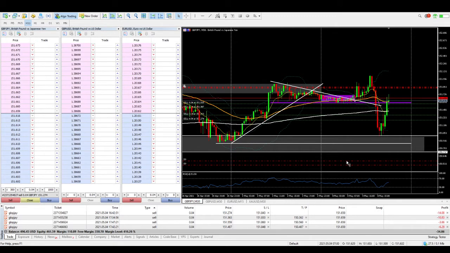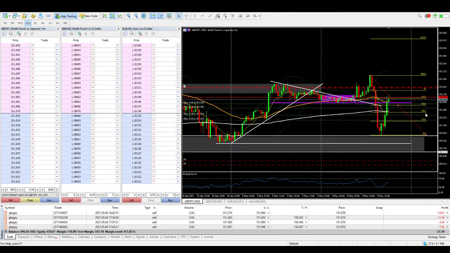So this is my backup plan. If it goes down to the 38.2 or the 23.6 in the Fibonacci, if it gets to a break even number, here it is now negative 37, then we can close it all.